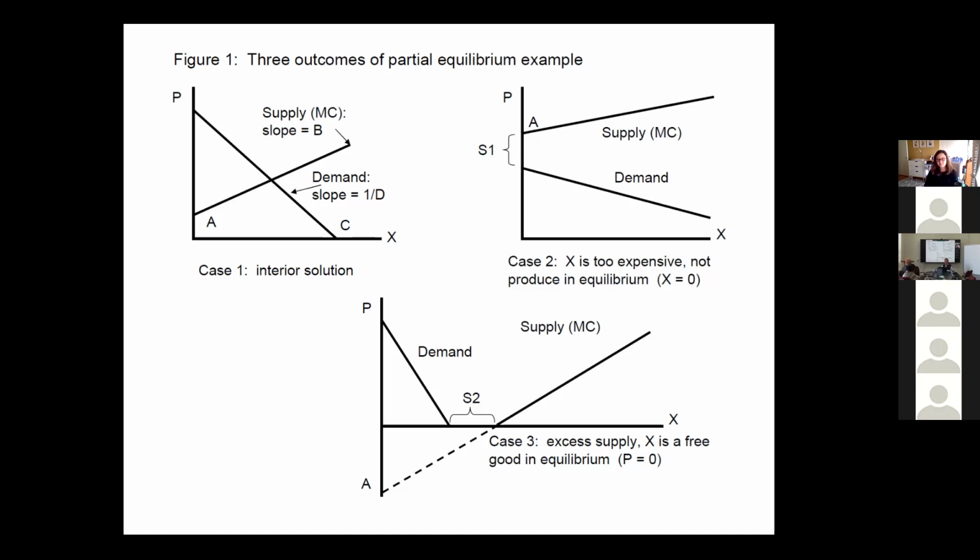So S2 here labels the difference between supply and demand at a price of zero, and that's going to be the marginal in GAMS as S1, and I'll show you that in the next slide. So cases like this aren't too normal, but I frequently think of those European emissions permits for power plants.